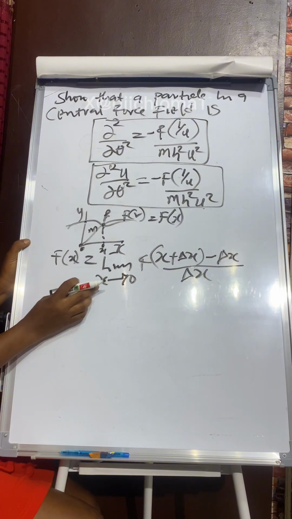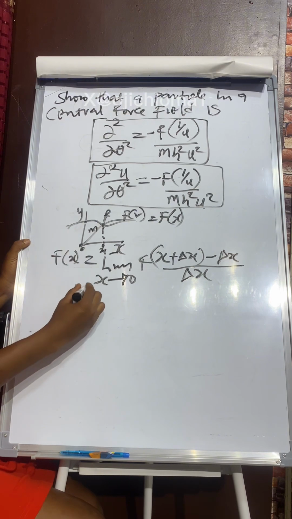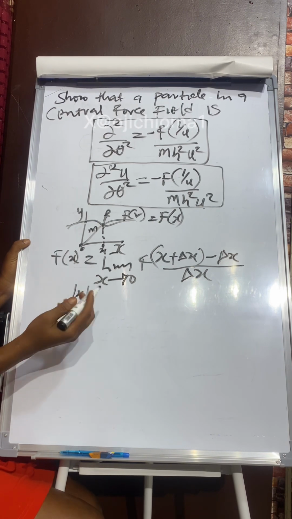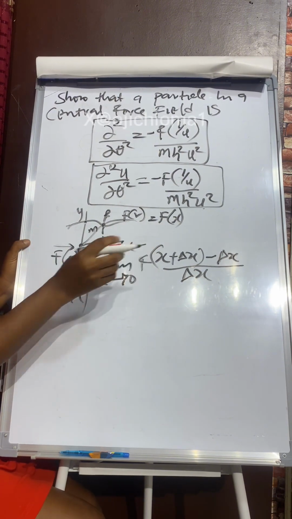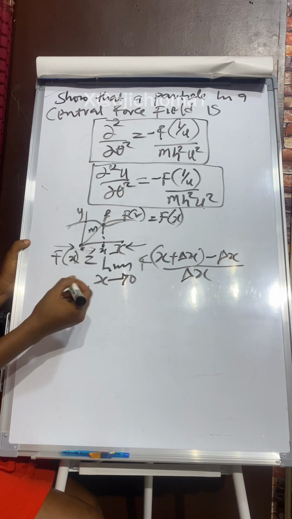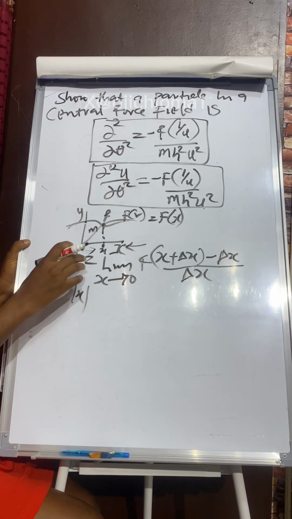And when you talk about dx tending to 0 in the graph, dx can be any point. If we talk about the absolute value, either negative dx or positive dx. If dx is coming from here, it is from this point, it is negative dx. If it's coming from this point, the positive point. But absolute value of dx, let's assume that this is the absolute value where positive and negative have been neutralized.